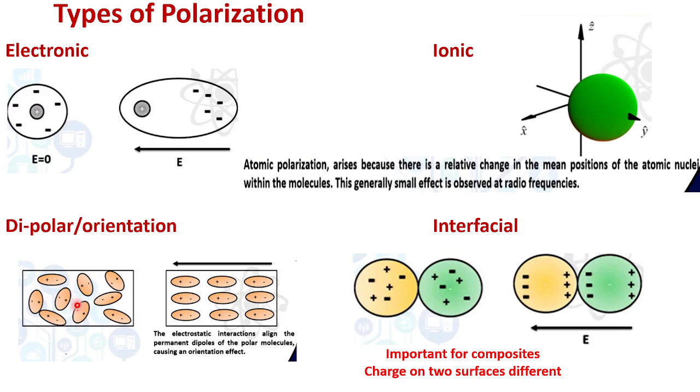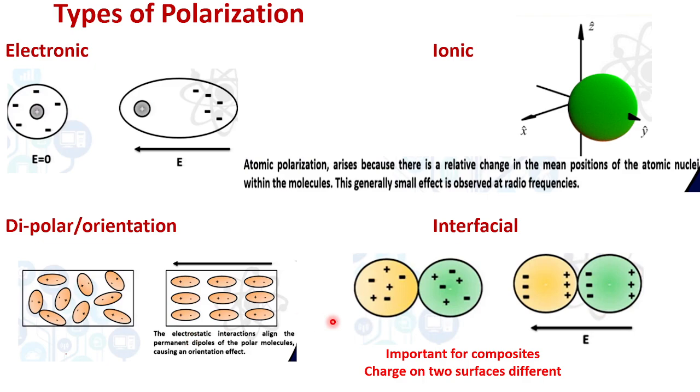Now, in absence of an electric field, they are usually distributed randomly. But whenever there is a presence of electric field, the positive and negative charge will take a specific orientation, and because of that orientation, there will be the generation of a polarization.